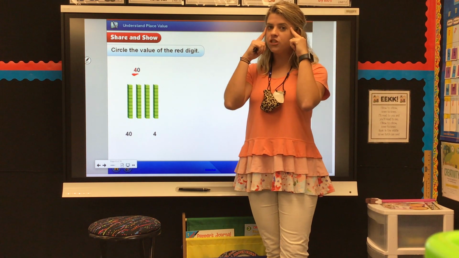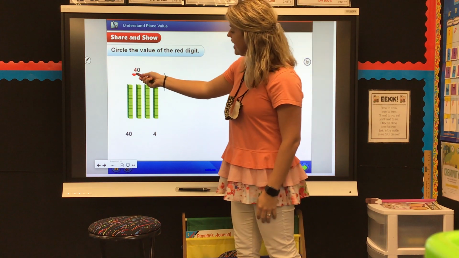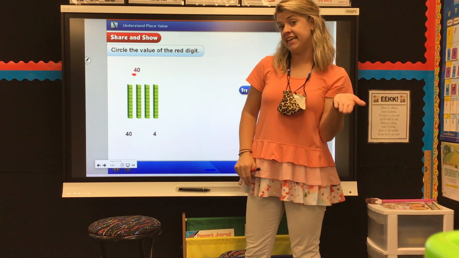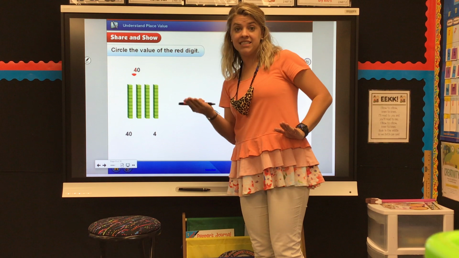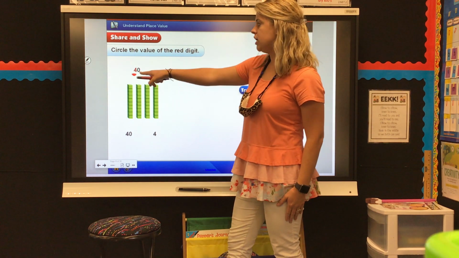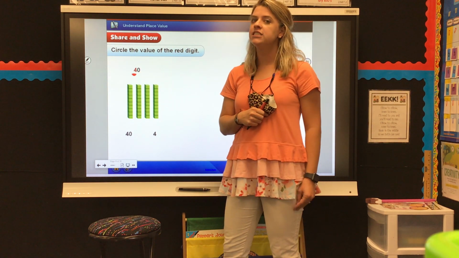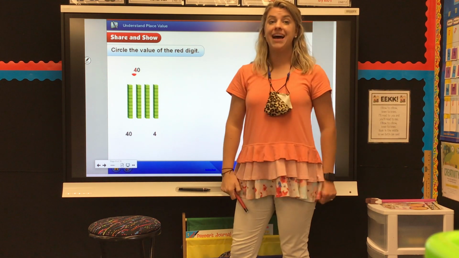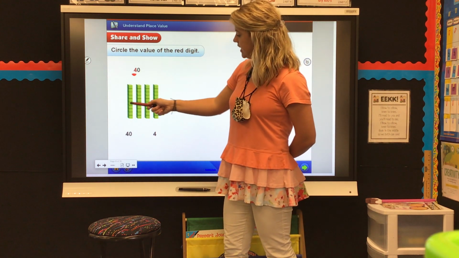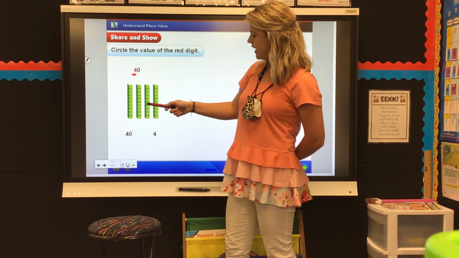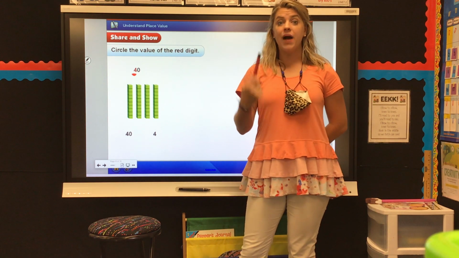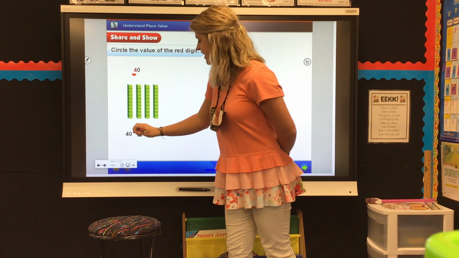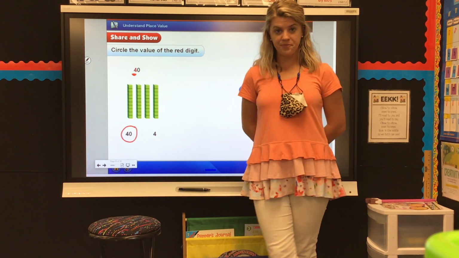Remember, you have to ask yourself, is the red digit in the tens place or the ones place? So I'm looking. I know that it's in the tens place, so that means I'm going to count these by tens. 10, 20, 30, 40. So I know that the value of my digit is 40.